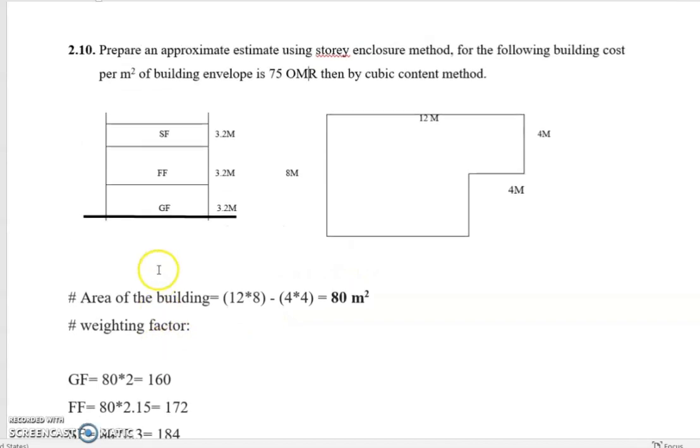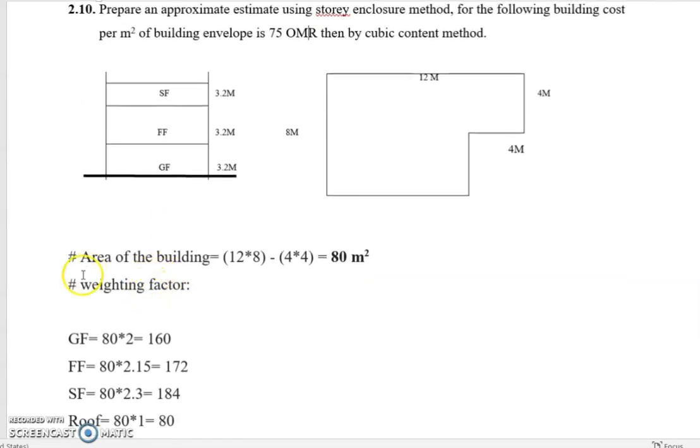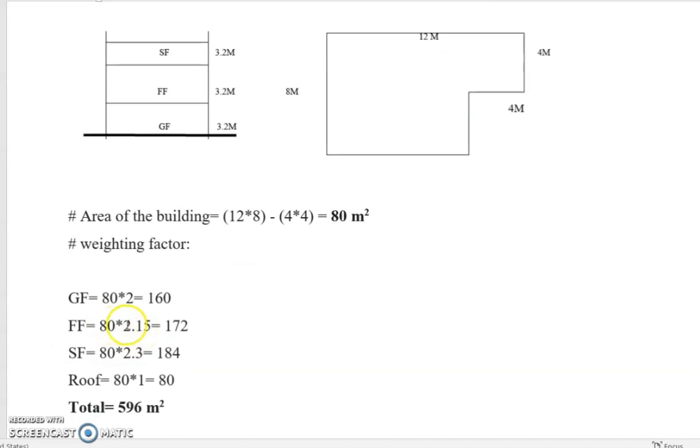The weighting factor we took is constant for the ground floor, from the total area, which is 80 multiplied by 2. 80 for the first floor, 2.15, 2.3 and so on and so forth if we have more floors, and we have the roof.